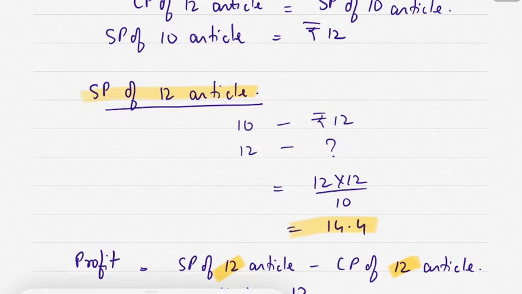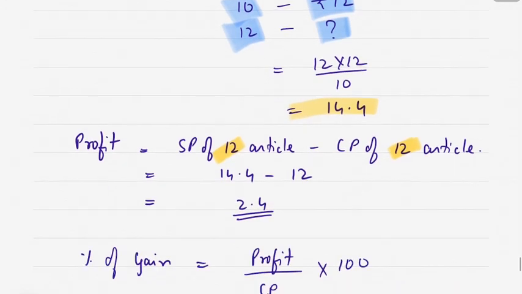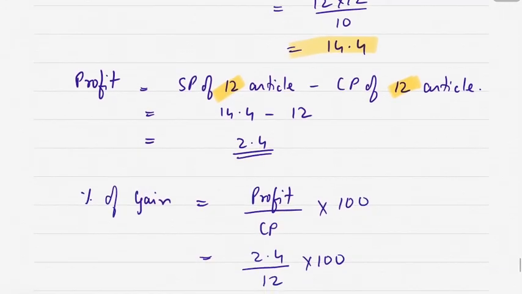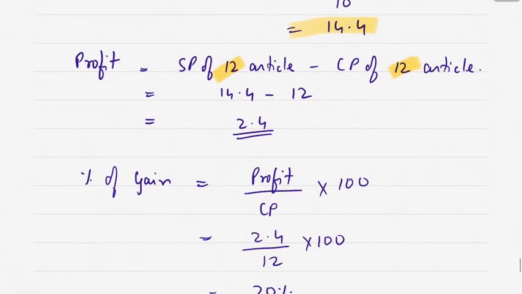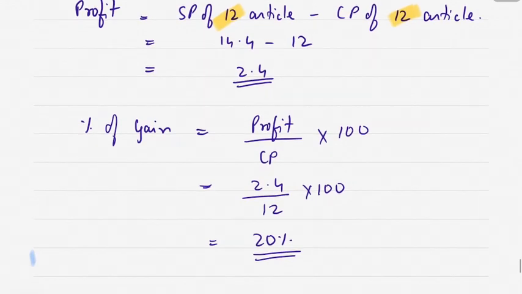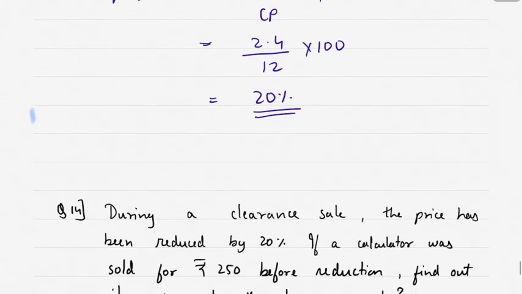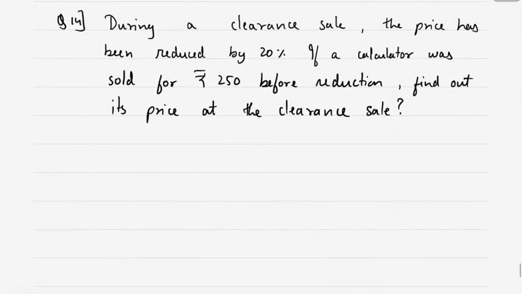For 10 articles it was rupees 12; for 12 articles, how much? When you calculate, you get 14.4. Now you know selling price of 12 articles and cost price of 12 articles, so you can calculate profit and then calculate percentage.